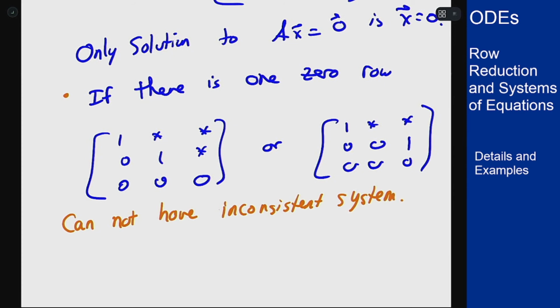Which also makes sense, given the fact that we always have a solution in the zero vector. But in this case, because I have all zeros equaling zero, that's a redundant equation, in which case there are likely to be other solutions, in fact an infinite number of them, besides the zero vector. So we get an infinite number of solutions, meaning there are other solutions that are not the zero vector.